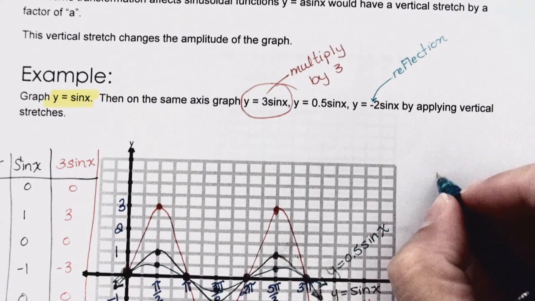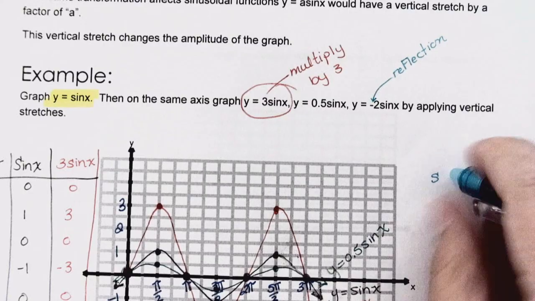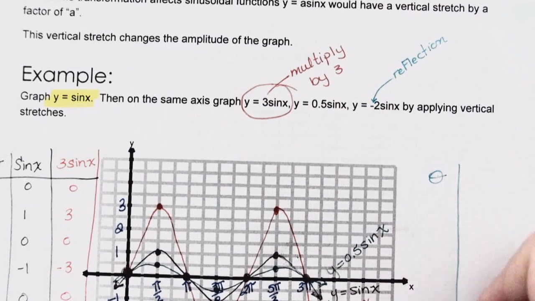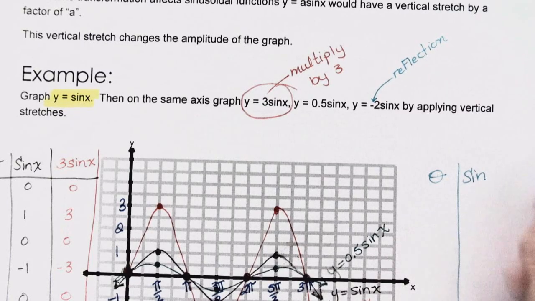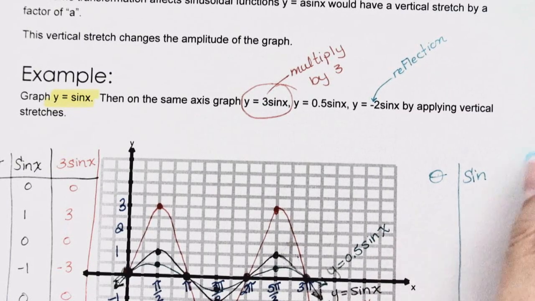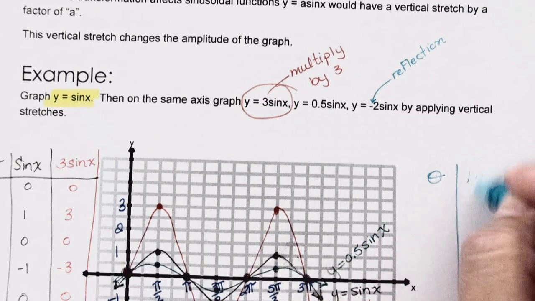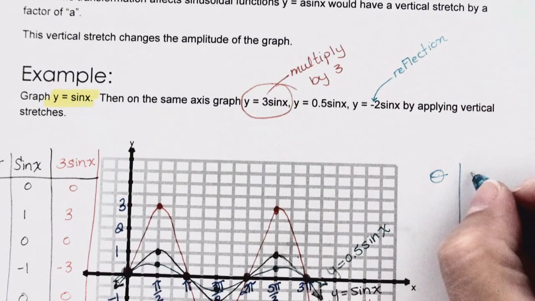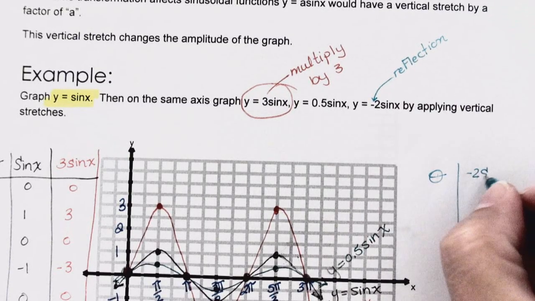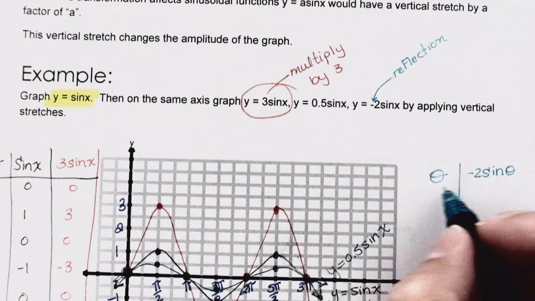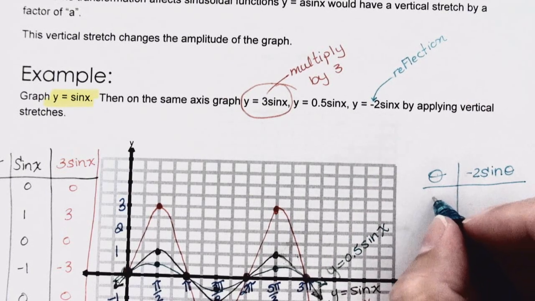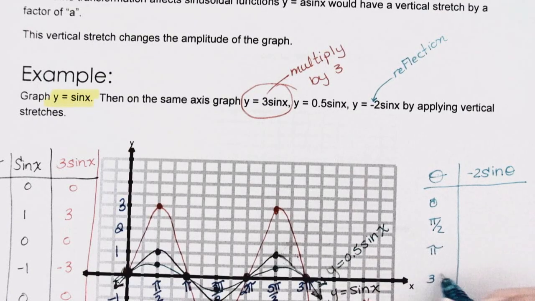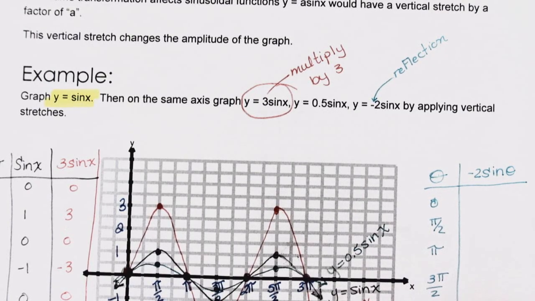So I'm just going to do a table of values just for funsies. Notice I haven't changed my thetas at all. They're the same. So this is going to be -2 sine theta. 0, pi over 2, pi, 3 pi over 2, and 2 pi.